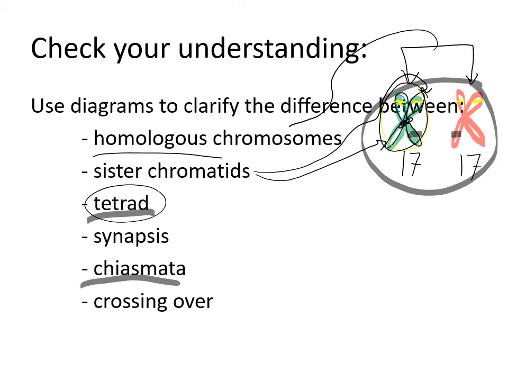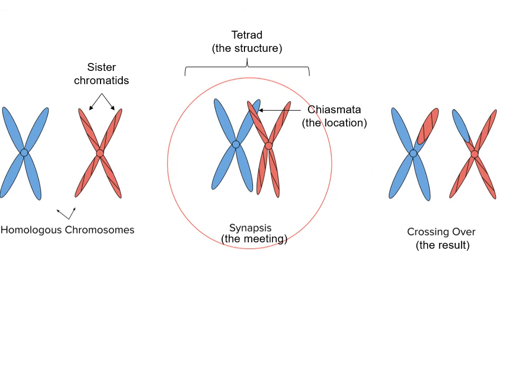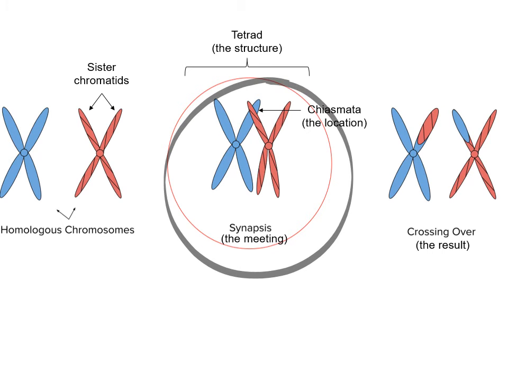If this guy trades an arm here with that one, the specific spot in which it is being traded is called the chiasmata, and the event is called the crossing over. So here it is, the structure as the tetrad. The spot that it happens is called the chiasmata, the location. Synapsis is the meeting of them.